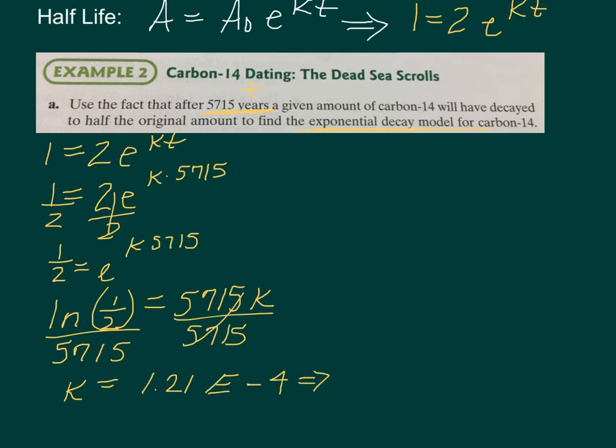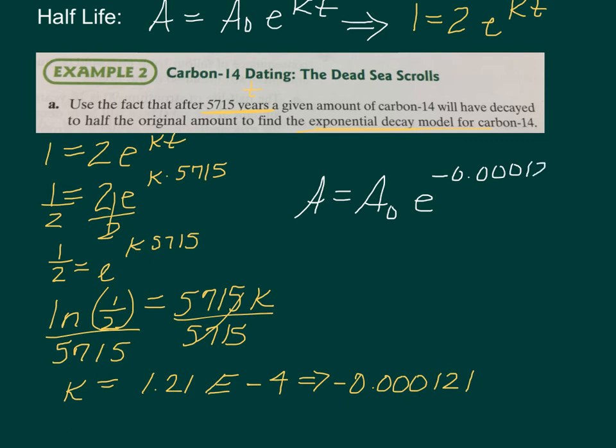So that just means you're going to move the decimal place over 4 places. And it's negative. So when you write your model, because they didn't give us an original amount, it'll be negative 0.000121t.